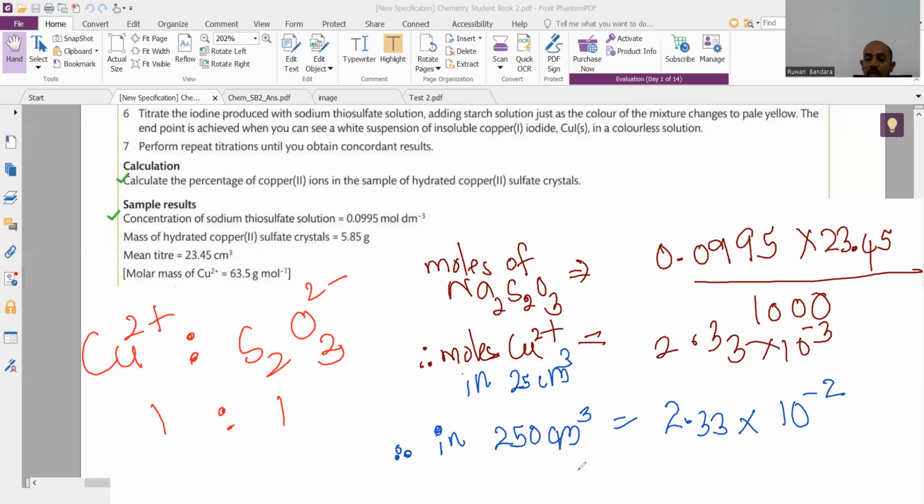Then the mass of copper, or the copper 2 plus, will be the same at the end: 2.33 into 10 to the power of -2 into 63.5.